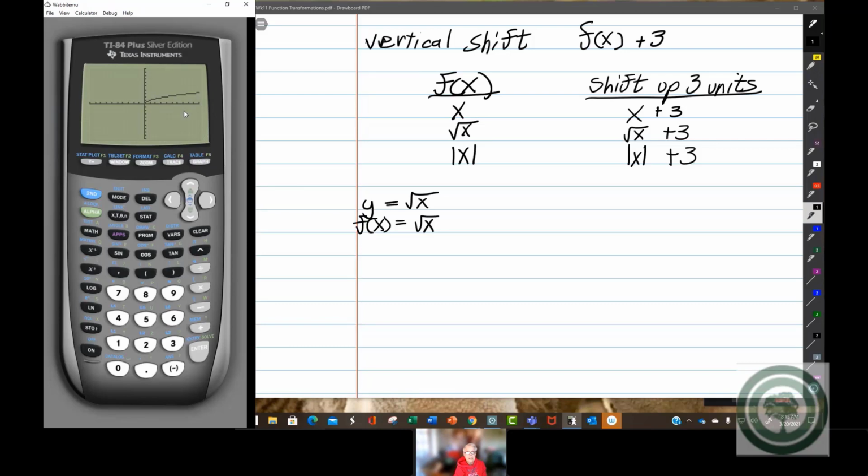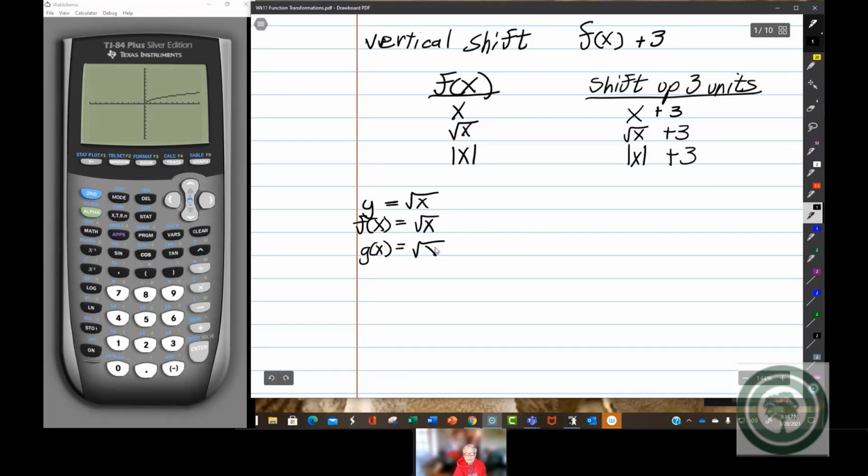If I want to shift it up 5 units, then I'm going to make a new function, because it wouldn't be the same as the old, that has the square root of X plus 5. I wanted to shift it 5, didn't I? I'm getting bored with 3.